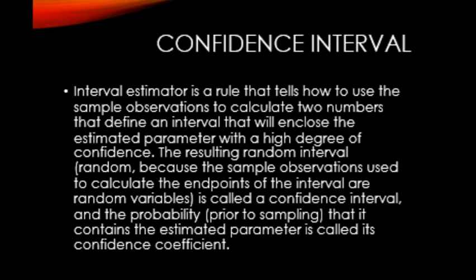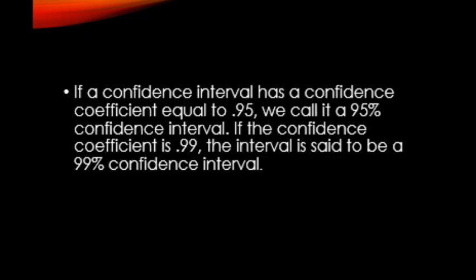So a 90% confidence interval, 95 is pretty standard, and then we have 98 and 99% confidence intervals. Here's an example. If we create a confidence interval where the confidence coefficient is 0.95, then we call it a 95% confidence interval. If the confidence coefficient is 0.99, the interval is a 99% confidence interval.